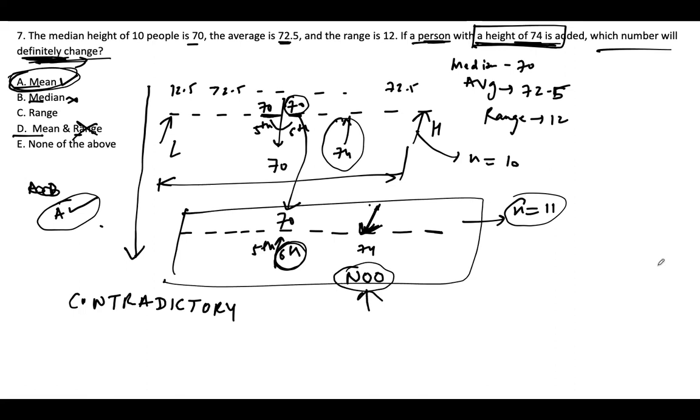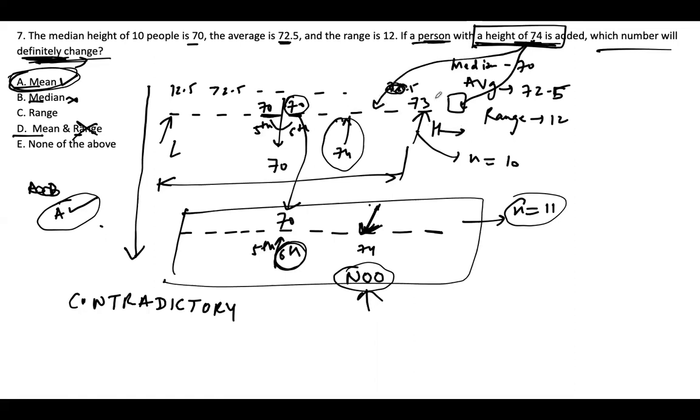So what about range? What if 72 is at the end? Again, the question is what if? If 74, this number, if the highest number was 73 and it was here, the range will change. But this 74 could also be here now.